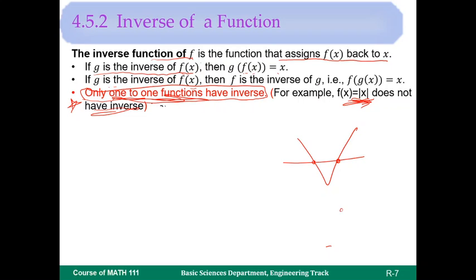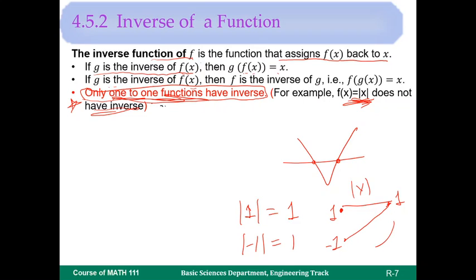So one other thing, the problem here comes like this. The absolute value of 1 is 1, the absolute value of -1 is also 1. So if you define an inverse function, then the question here is this. The absolute value function takes 1 to 1 and -1 to 1.